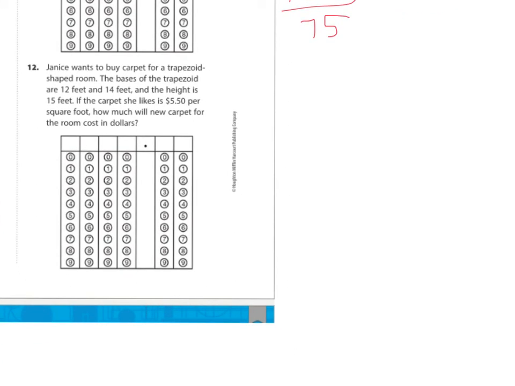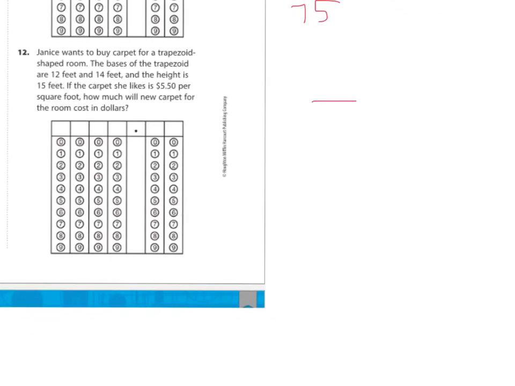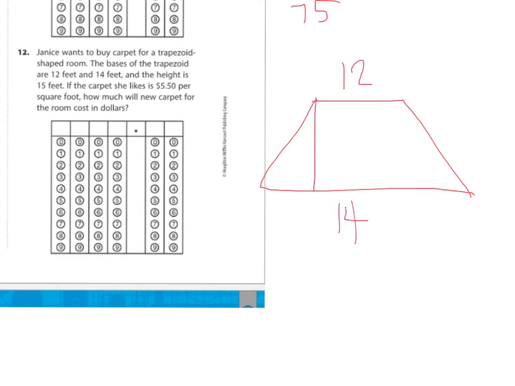Janice wants to buy a carpet for a trapezoid-shaped room. There's no picture, so I need to draw it. Trapezoid-shaped room. The bases of the trapezoid are 12 and 14. I put 12 with the short length and 14 with the longer one because it's a bigger number. And the height is 15 feet. If the carpet she likes is $5.50 per square foot, how much will new carpet for the room cost in dollars? So we have to remember our formula.